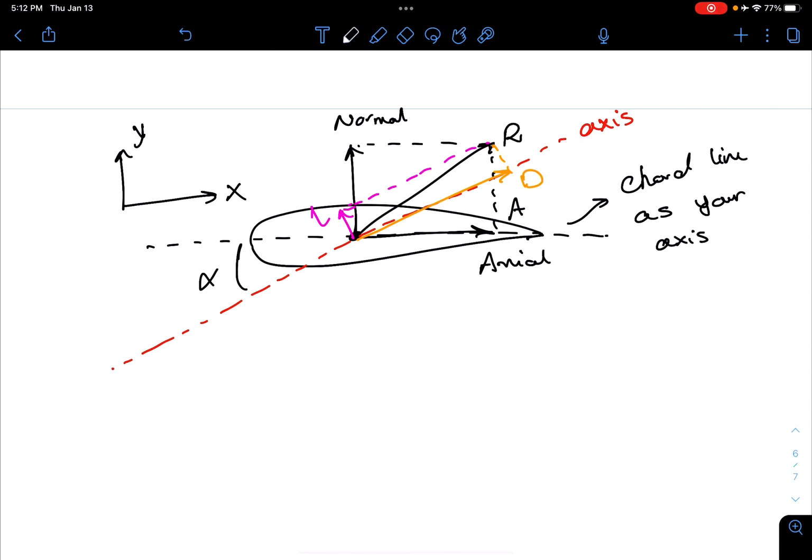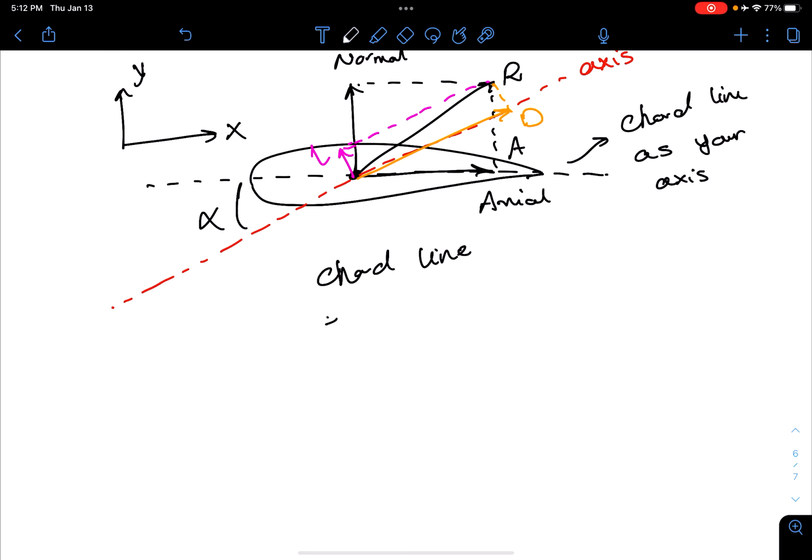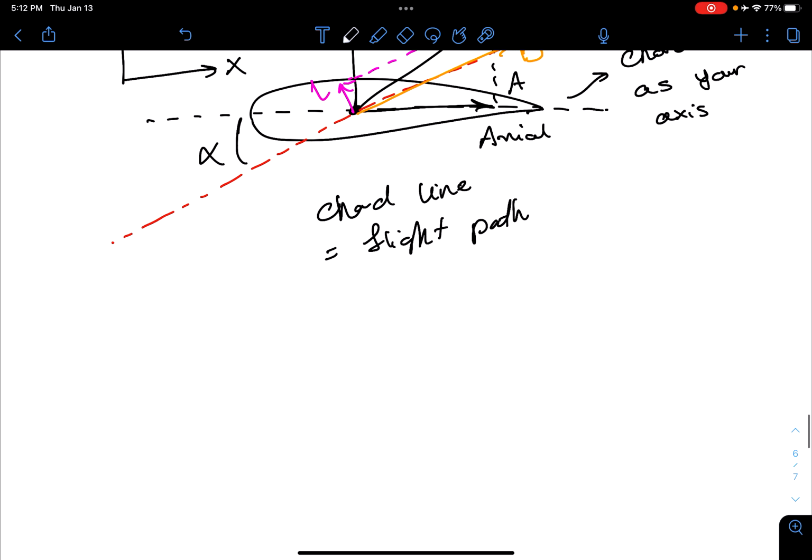If angle of attack is 0, then the chord line is going to coincide with the flight path, right? Which essentially means that your lift is going to be equal to your normal force, and your drag is going to be equal to your axial force. Does it make sense? Very simple.